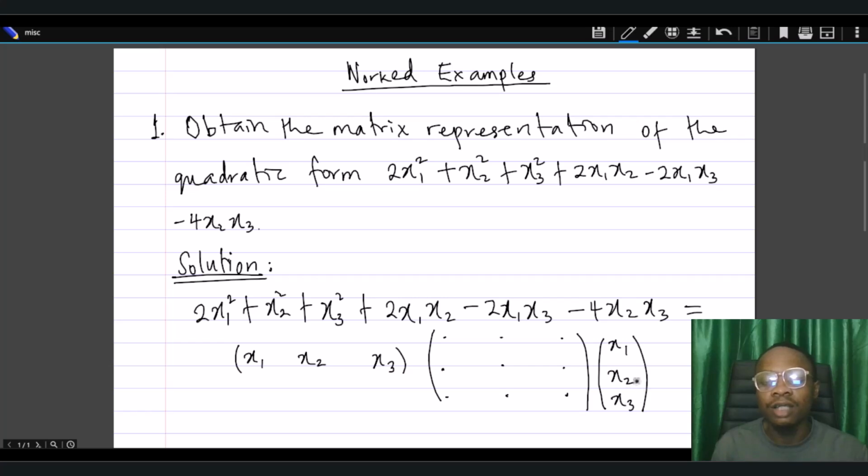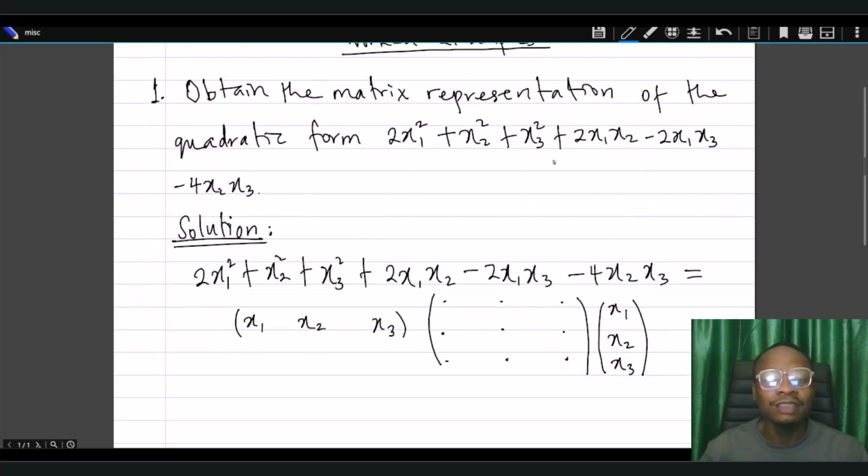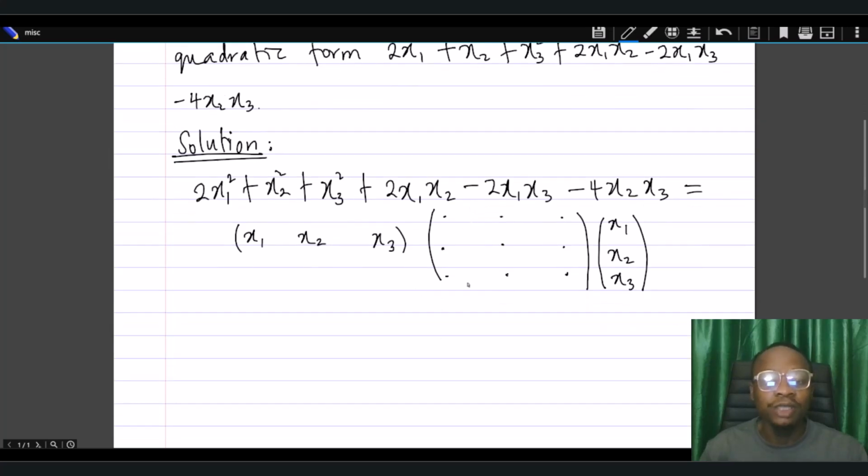When this operation is carried out, at the end of the day it will give us this quadratic form. So the matrix we should have here is what we call the matrix representation, or the matrix of the quadratic form. And how do we get it? We just follow this approach.